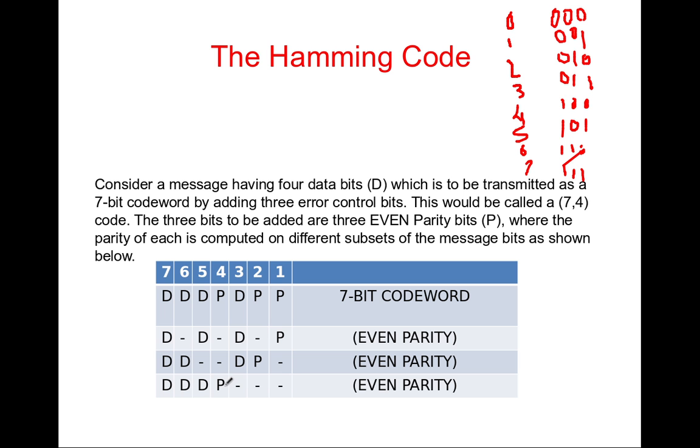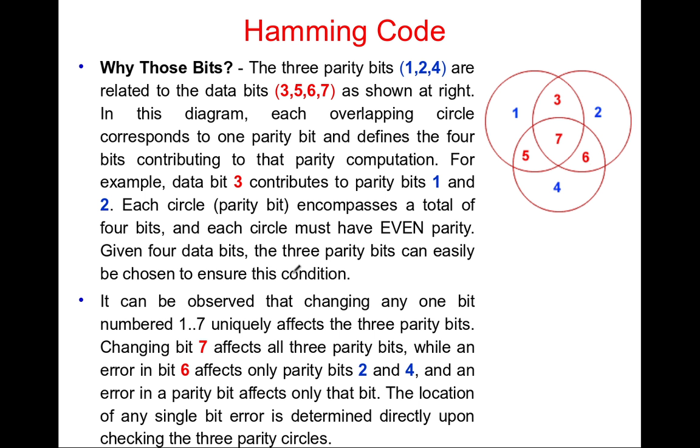Similarly, for 4, which is 1 0 0, the data bits where this bit is set are only 5, 6 and 7. So this is how the parity bits will be calculated. Now why those particular bits?